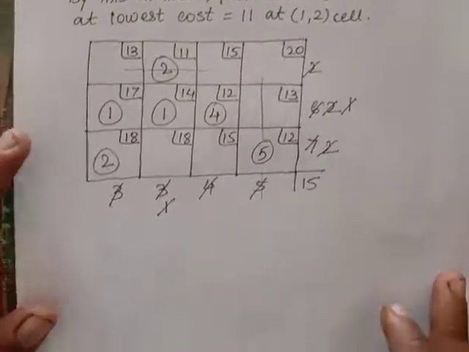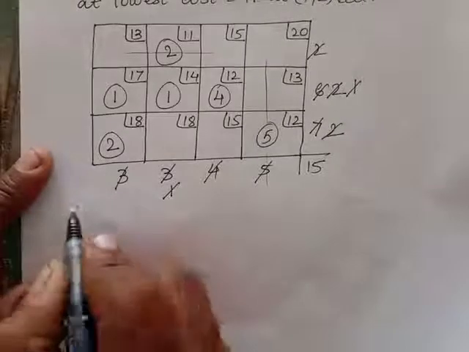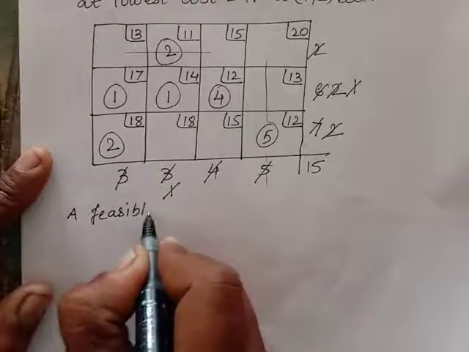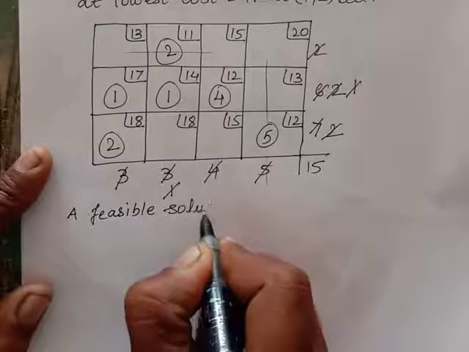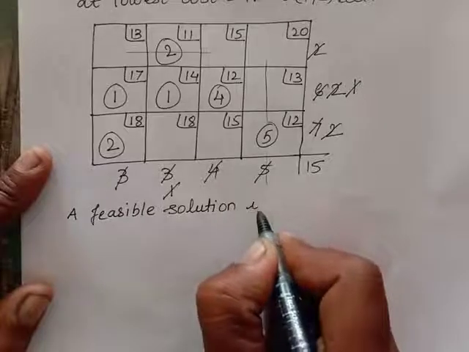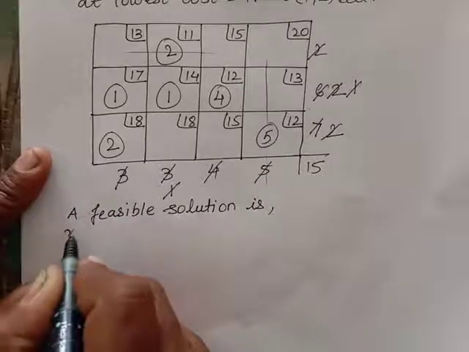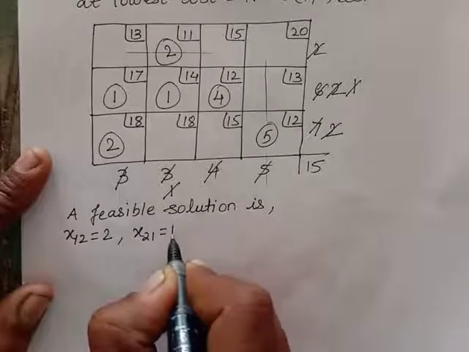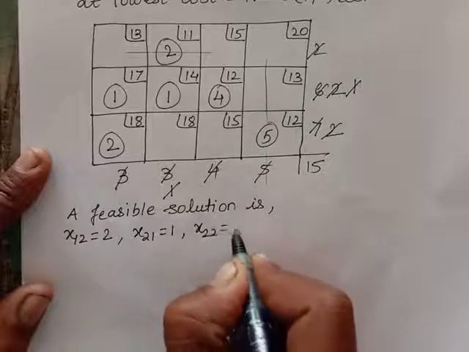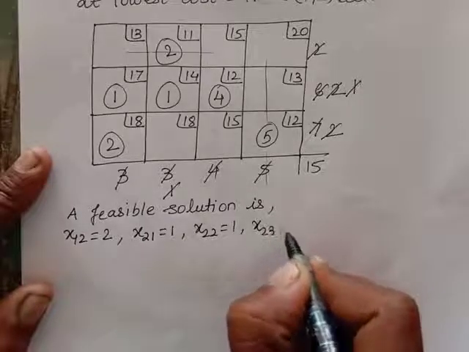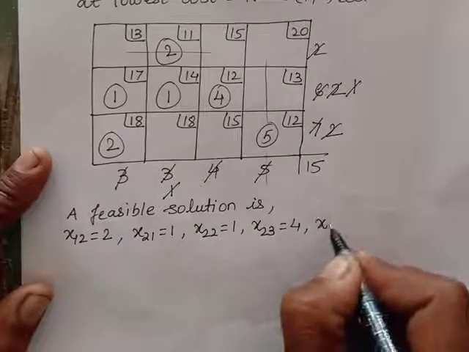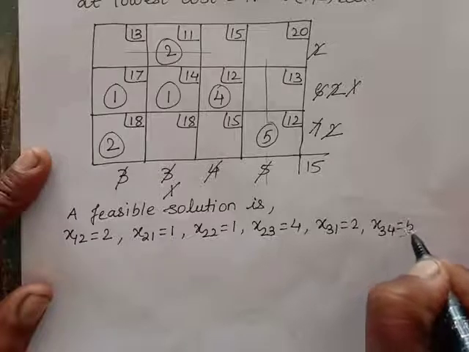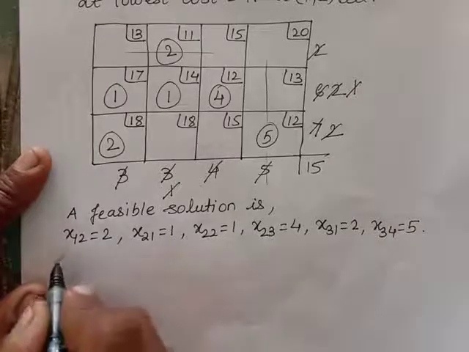So we should write that a feasible solution is: x12 is equal to 2, x21 is 1, x22 is 1, x23 is 4, x31 is 2, x34 is 5. Okay.